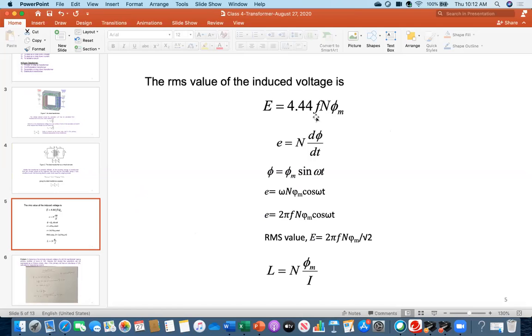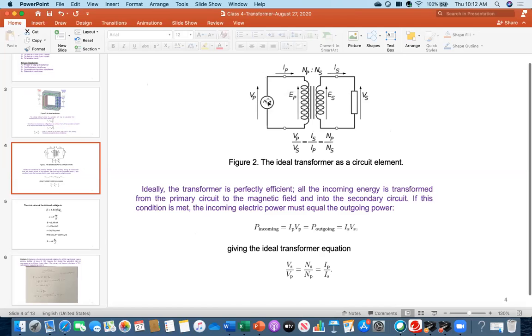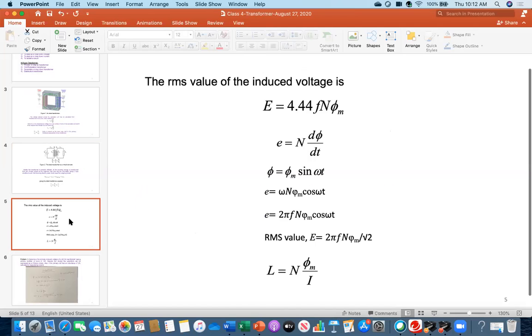This f is the frequency, the applied frequency, because you are applying the sinusoidal voltage. N was the number of turns, and phi m was the magnitude of the flux. And everybody see, this equation equally applies to both sides, either primary side or secondary side. The same equation is valid.